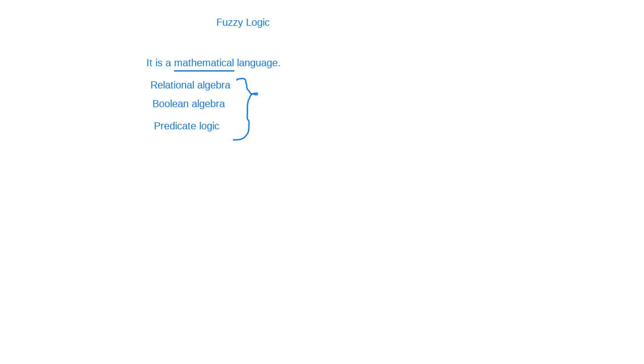What is the dictionary meaning of fuzzy? Yes, anyone will tell what is the dictionary meaning of fuzzy? Yes, which is not clear, or you can say which is noisy, right? And the antonym, yes, very right, vague, right?